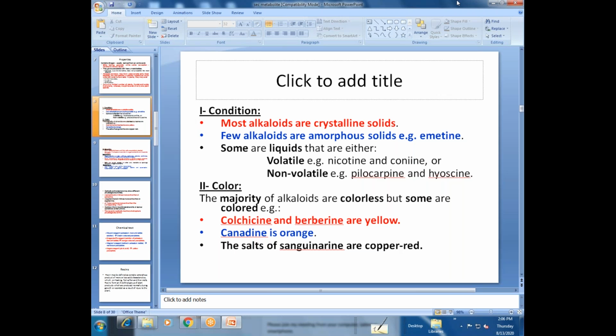Otherwise, they are crystalline solids and colorless. The exceptions, nicotine, coniine, pilocarpine and hyoscine, are liquid in nature. They are colorless solids. Some are colored, for example betadine, berberine, colchicine.